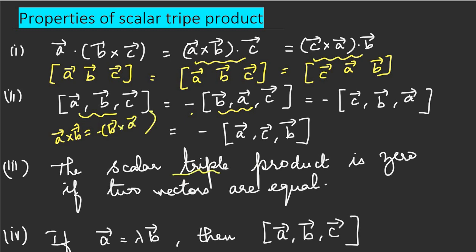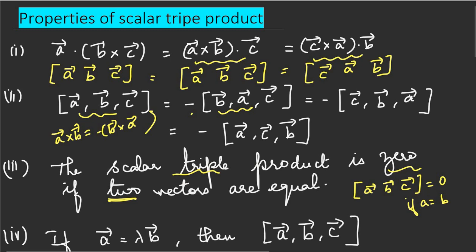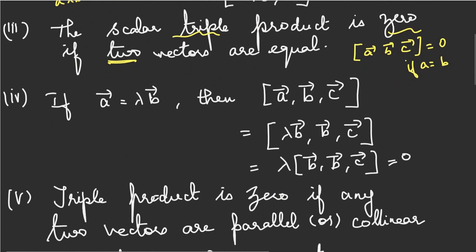Next, the scalar triple product is zero if any two vectors are equal. For example, the box product of A vector, B vector, C vector becomes zero if A vector and B vector are equal, or B vector and C vector are equal. Any two vectors in the box product being equal, the scalar triple product is zero.